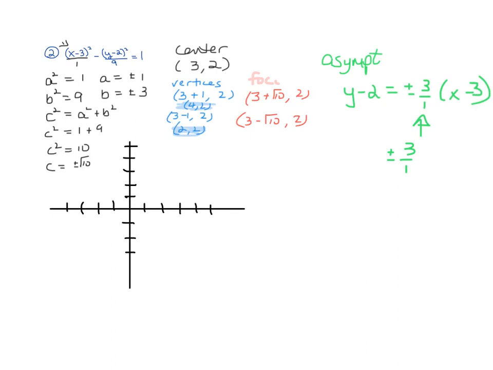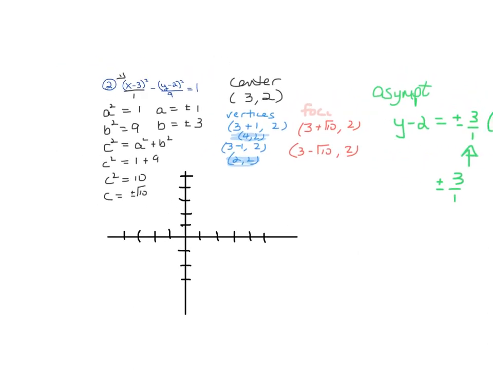So let's graph the center. It's at the ordered pair 3, 2. And then from that 3, 2, I'm going to rise 3 and run 1. I can connect my points.